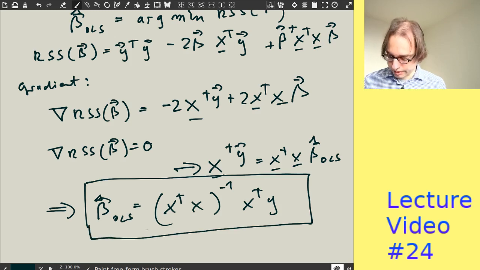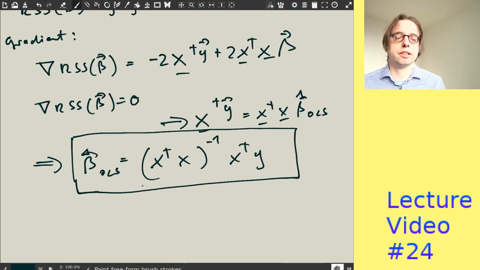So that's a very, very famous estimator, and you should actually memorize it. It's the Gauss estimator.